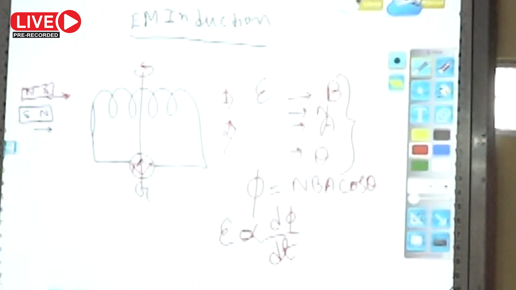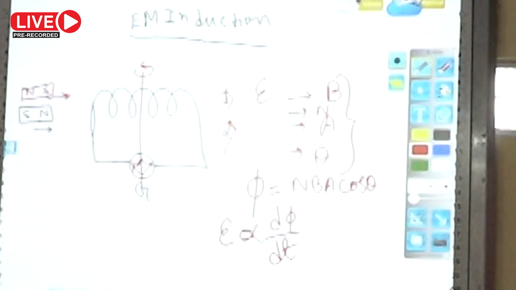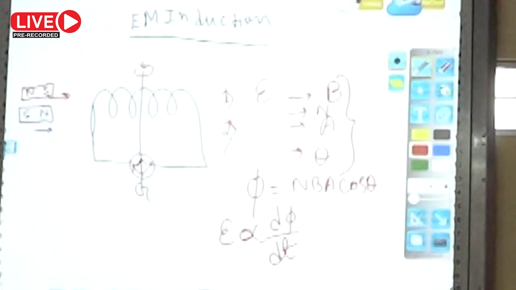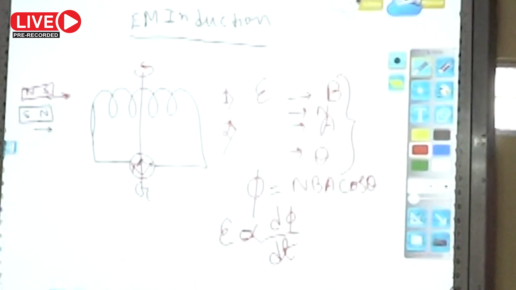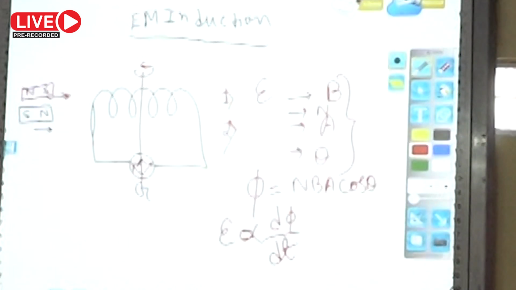Means if either of these quantities changes, the flux will change, and as a result the induced EMF will change. So by measuring whether the induced EMF is increased or decreased, Faraday came to a conclusion that if there is a change in magnetic flux associated with the coil, an EMF is induced in the coil, and this EMF is directly proportional to the rate of change of magnetic flux.